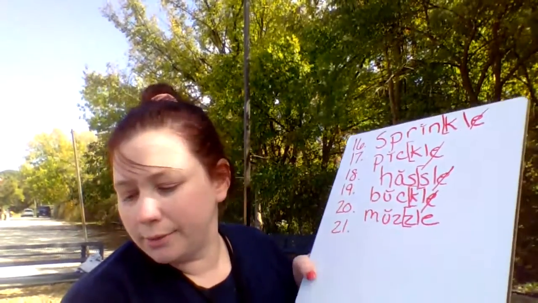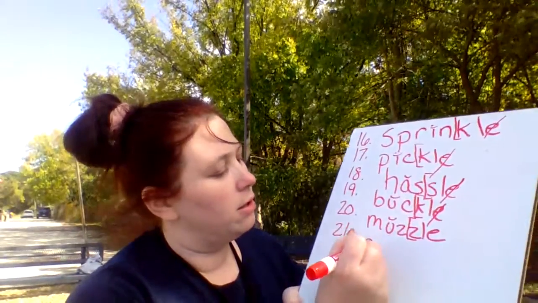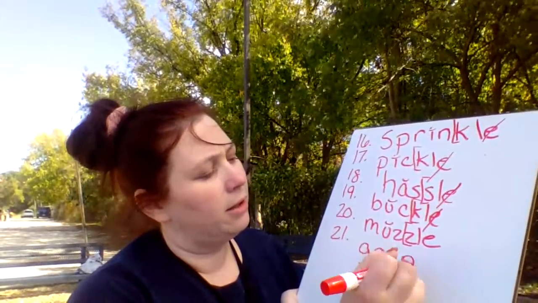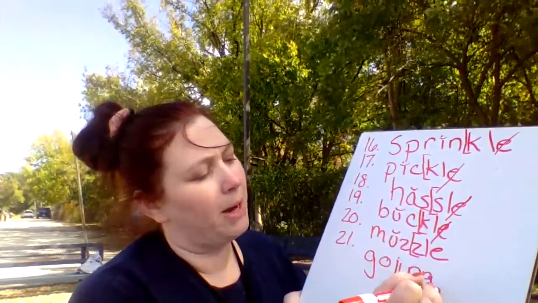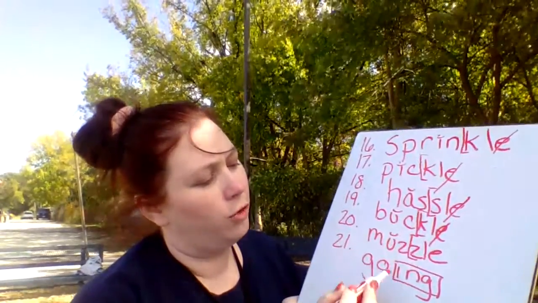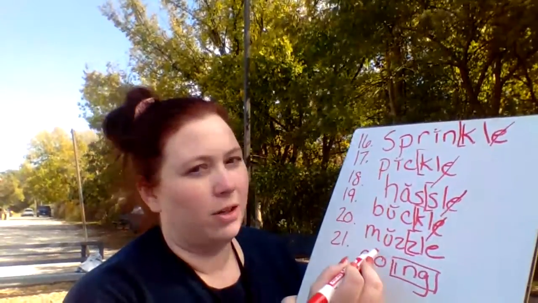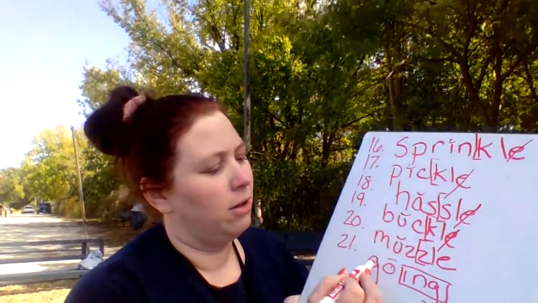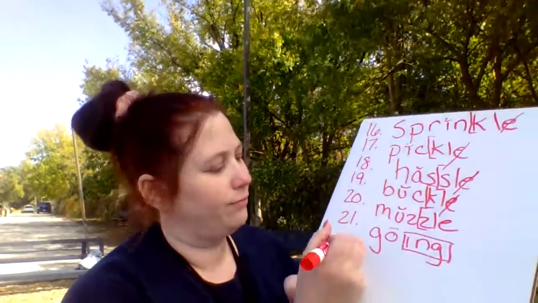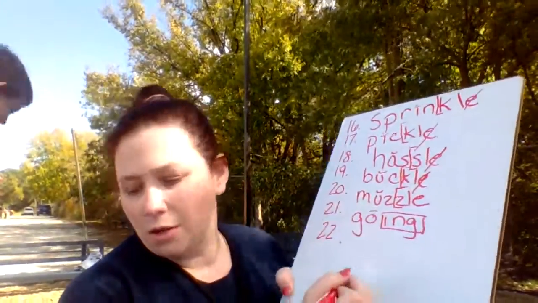Number 21, going. Here we see the suffix. We're going to box that off. And then we're just going to look at this word. We have a vowel and nothing after it, so it gets the macron, go-ing. 22.